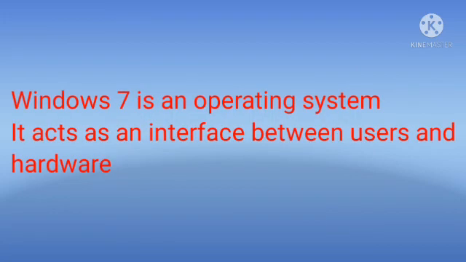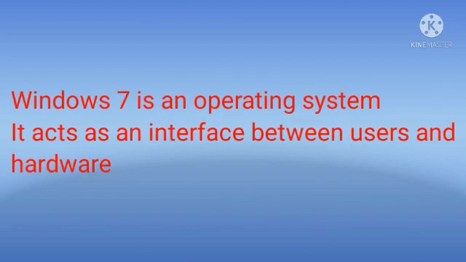Students, you know that Windows 7 is an operating system. Then what do you mean by an operating system? An operating system acts as an interface or medium or link between users and hardware. Students, you know what is hardware and software.